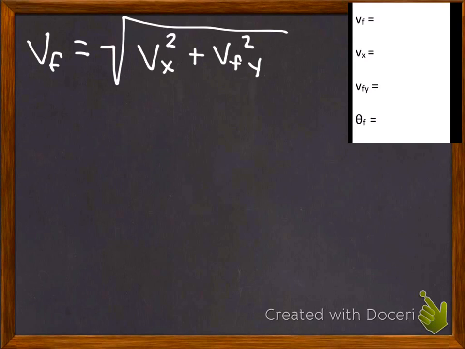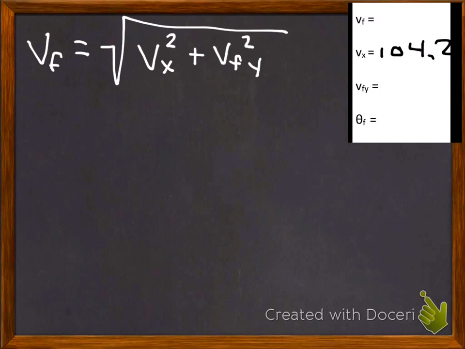So we found in the beginning that Vx was 104.2 meters per second. Ran out of room there a little bit. Couldn't quite fit the unit in, but speed is always meters per second. So now we have to figure out what is the vertical part so that we can put them together and get a VF and a theta F.